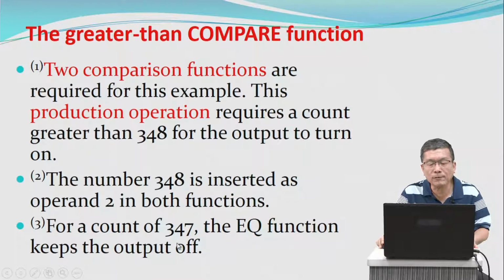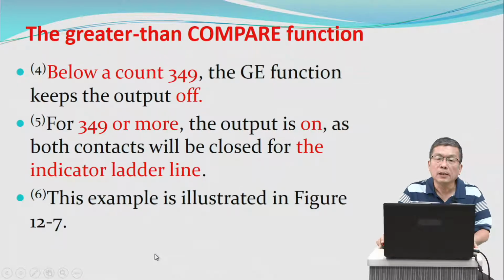For a count of 347, the equal function keeps the output off. Below a count of 349, the greater than or equal function keeps the output off.